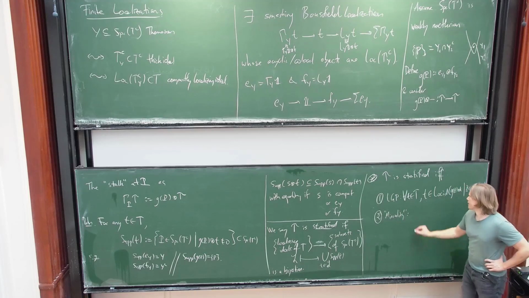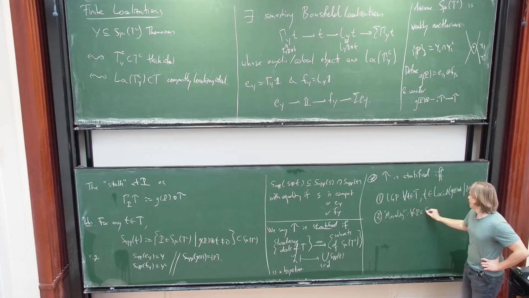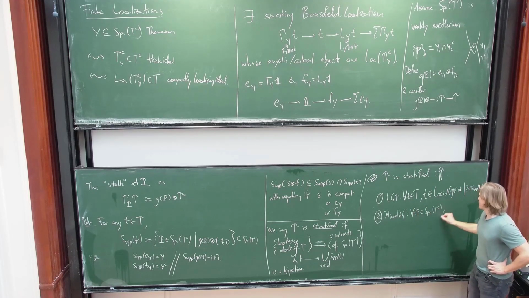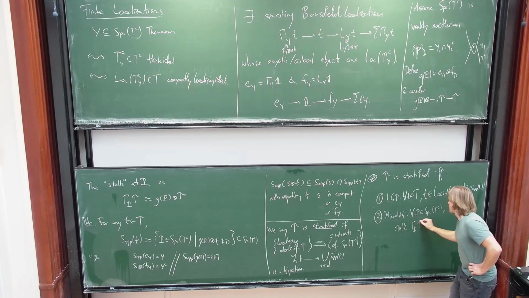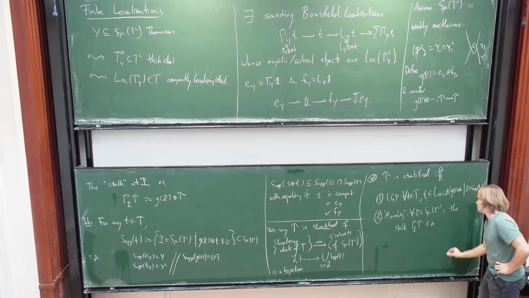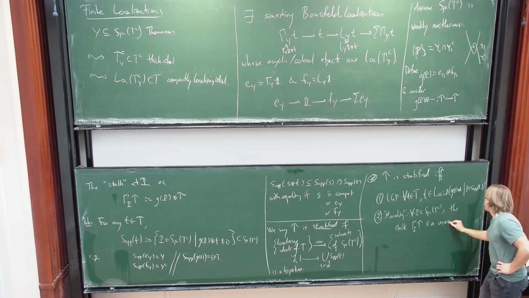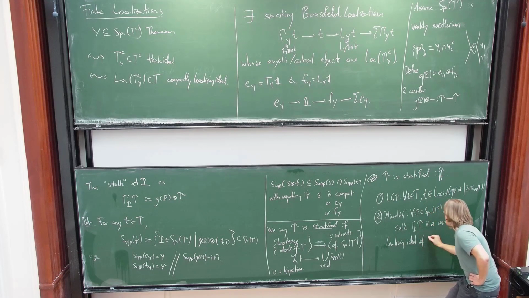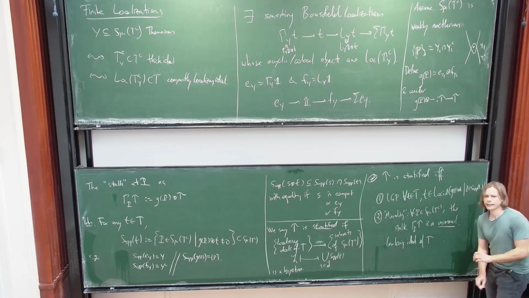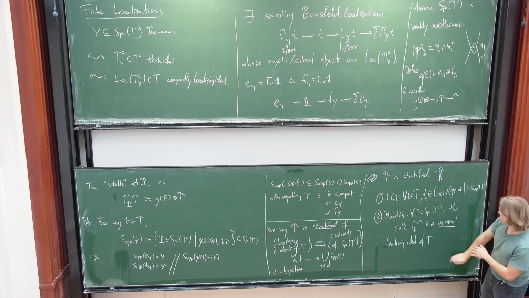And this said that for all points P, the stalk is a minimal localizing ideal of T. Okay, can people read that?